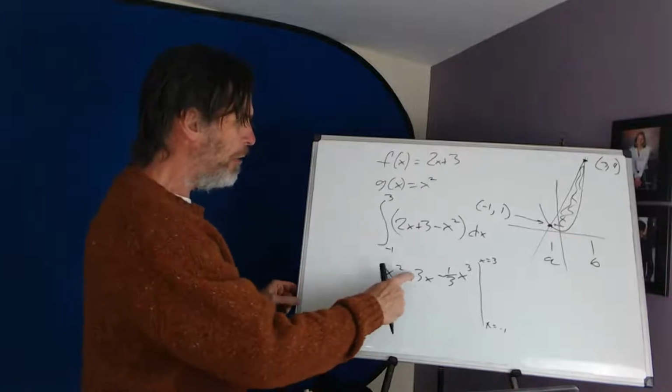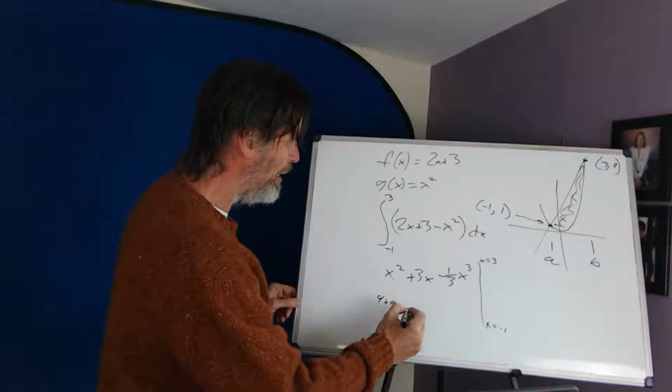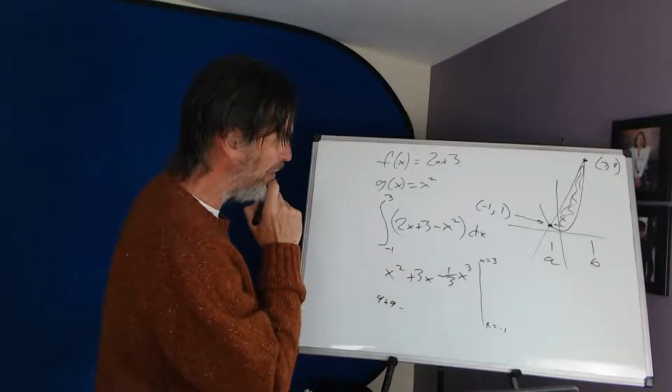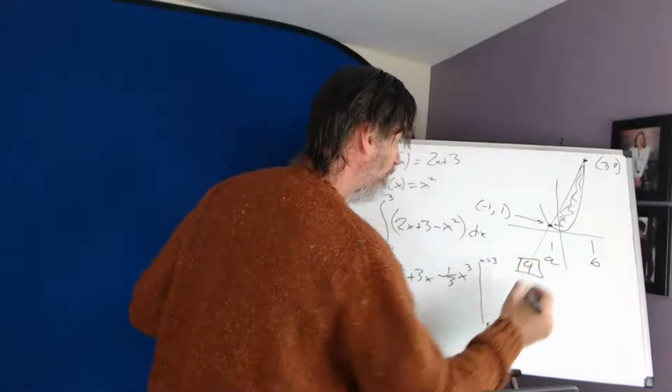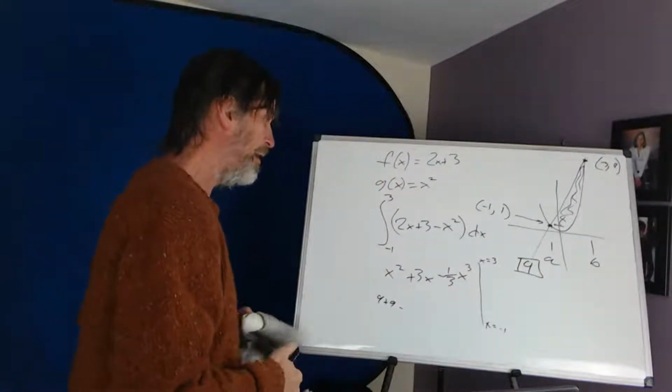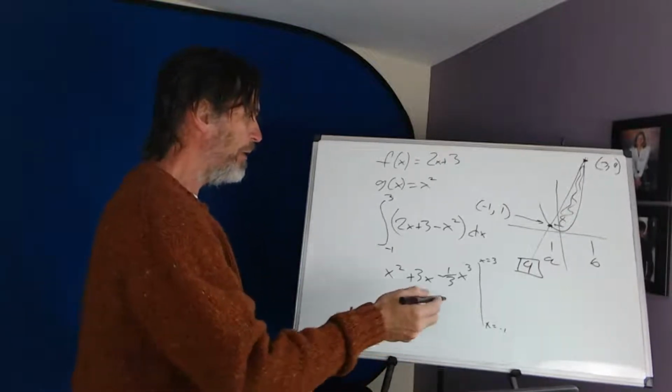Now I'm going to evaluate this at x equal to 3 and at x equal to -1 and see what I get. Plugging a 3 in here, that's going to be a 9 plus a 9 minus 27/3 minus a 9. It looks like I get a 9 when I plug that in. You might want to check my work on this one just to make sure I haven't messed this up. Now I'm going to plug in -1.